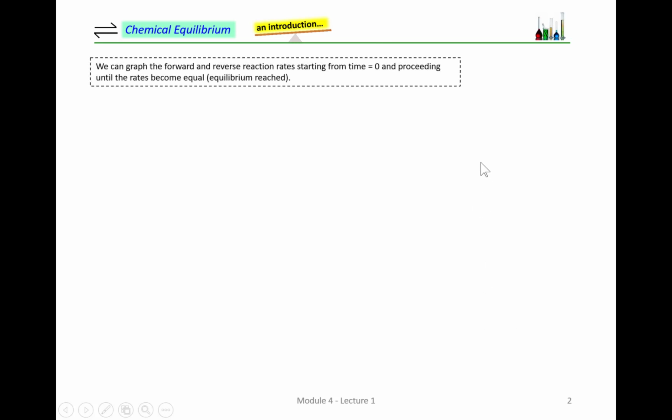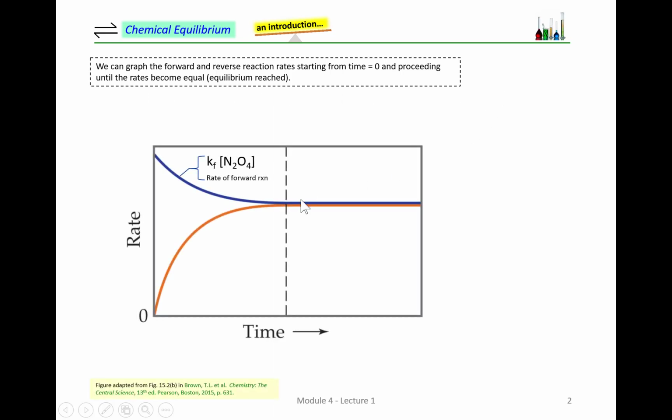Now we can graph the forward and reverse reaction rates starting from time equals 0 and proceeding until the rates become equal. In other words, until equilibrium is reached. So what we have here is a graph of rate on the y-axis and time on the x-axis. And we've labeled this blue line here the rate of the forward reaction, which we said on the previous slide equals Kf times N2O4 concentration to the first power.